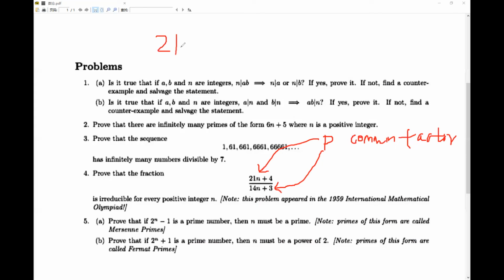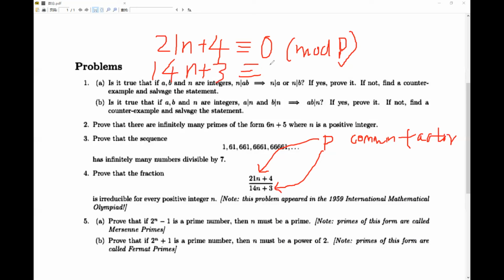So 21n plus 4 equals 0 mod P, because we assume P is a common factor of both of them. Also, we can write down this one, another method to prove. So this one equals 0 modulo P again.